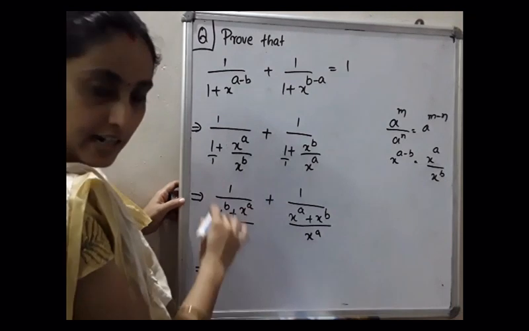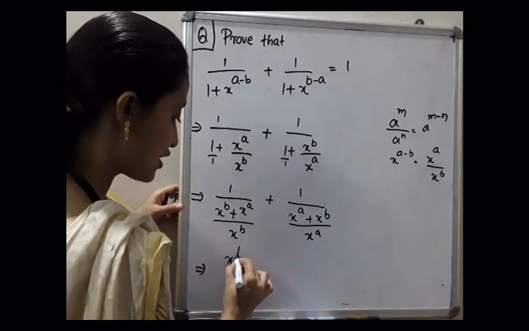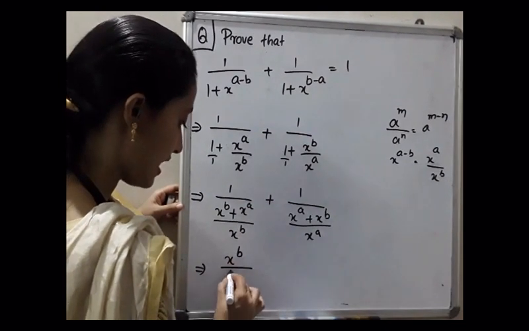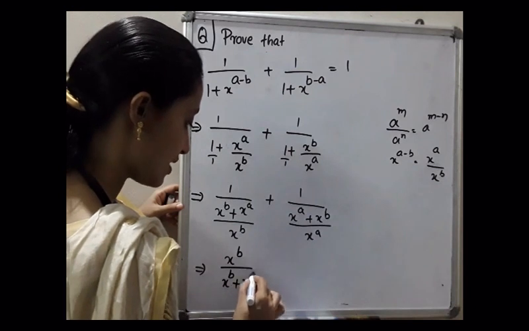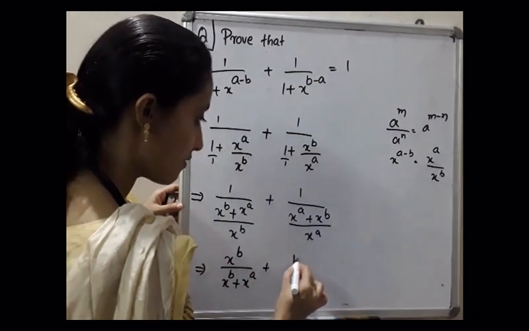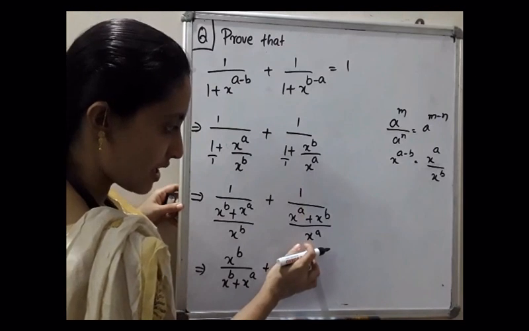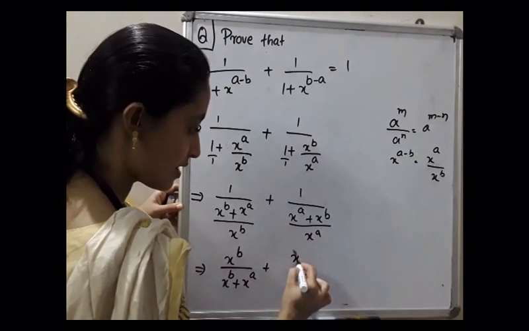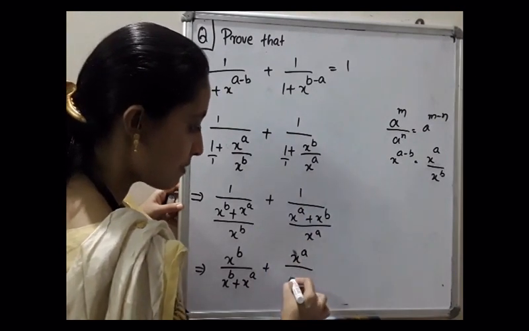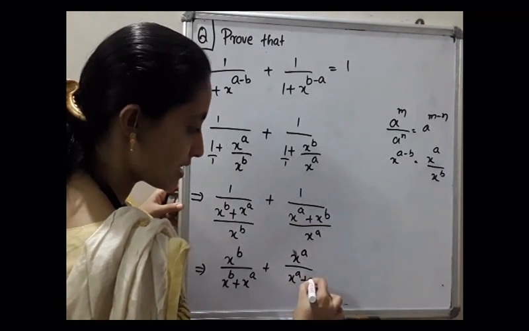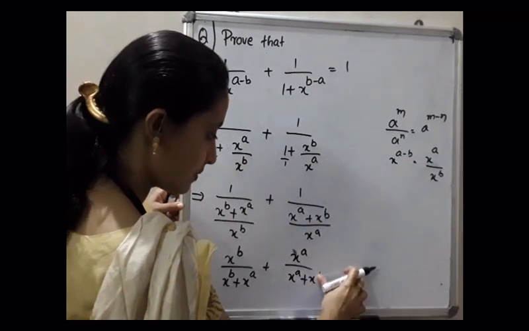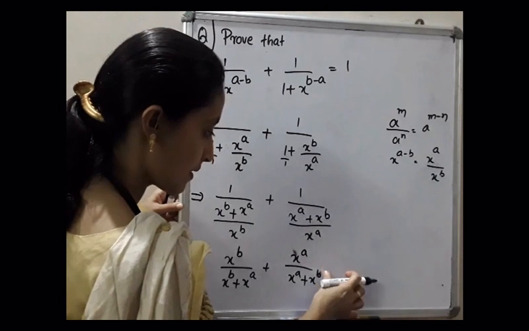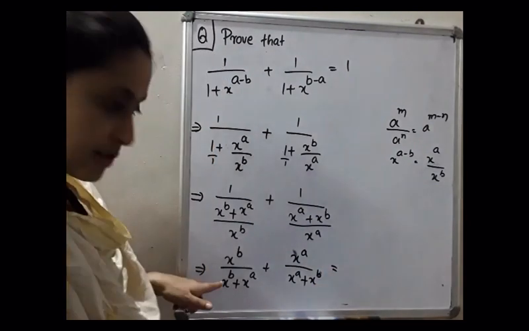Then taking the reciprocal, what can we write? x raised to b divided by x raised to b plus x raised to a, plus 1 into x raised to a is what? x raised to a divided by x raised to a plus x raised to b.